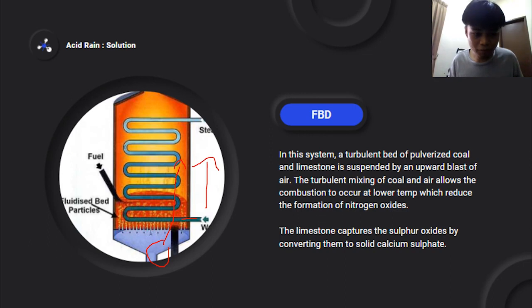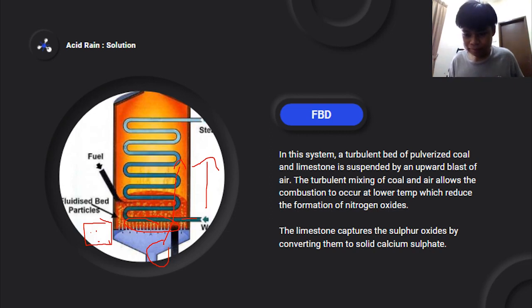So in the fluidized bed, we have lime. The same concept as before. It will capture the sulfur dioxide in the gas and react with it to produce calcium sulfate in solid form.